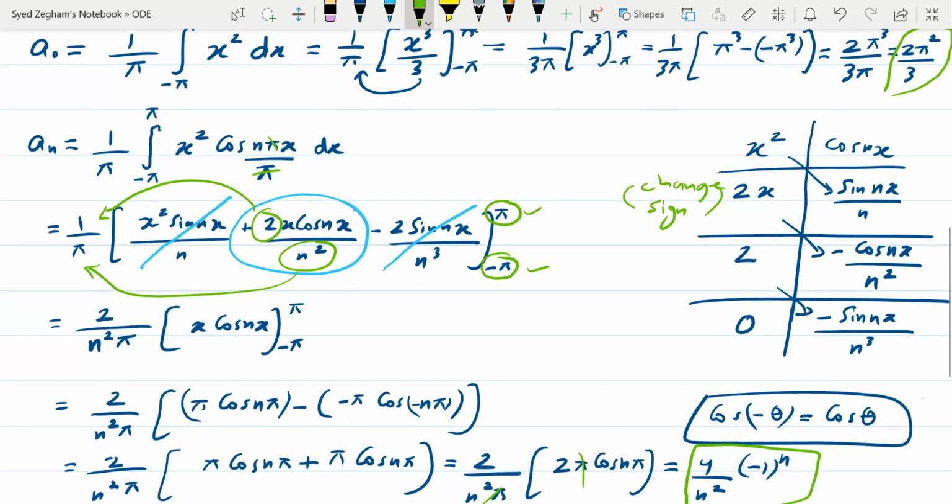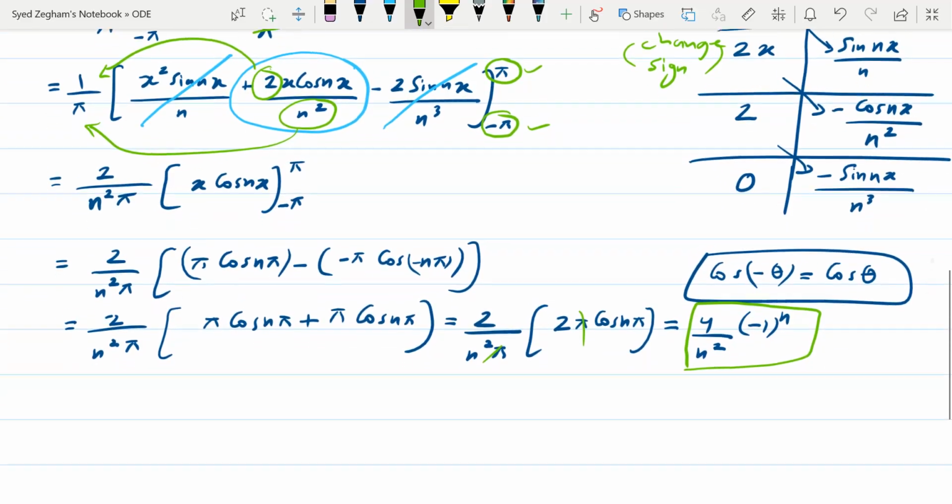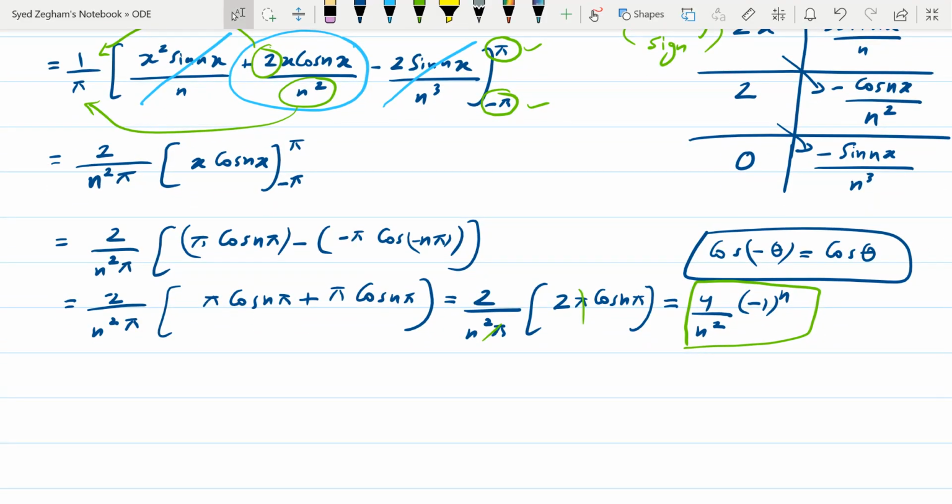and we have obtained the value of an. Now we are in a position to write our Fourier series. So final answer, let us write. Therefore, the Fourier series is fx is equal to a naught divided by 2, which is our formula. A naught divided by 2.